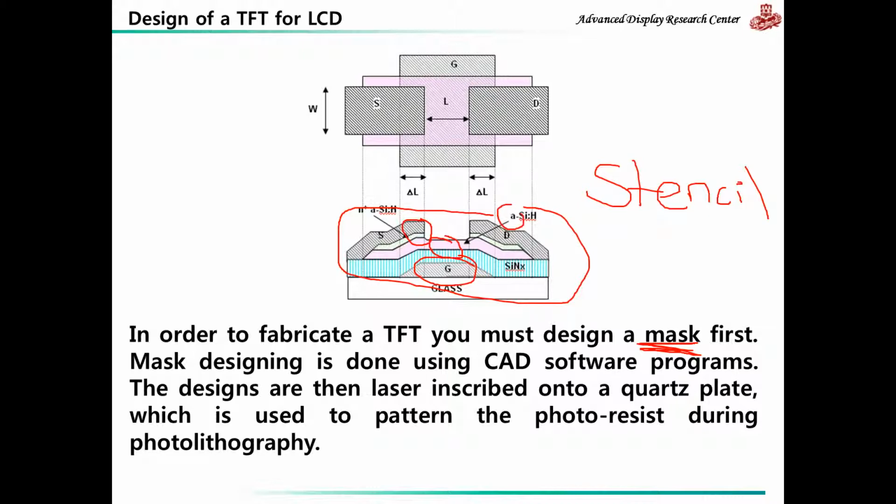I mean, you cannot see it here, but we have another one which is used to open the connection that connects the pixel electrode to the drain metal. So we have 1, 2, and 3 plus one last one, 4 different layers that need a different stencil. So for the amorphous silicon process, we require at least 4 design masks.